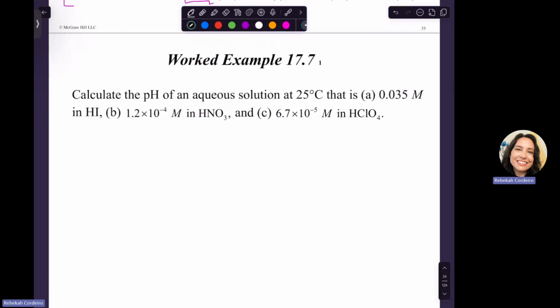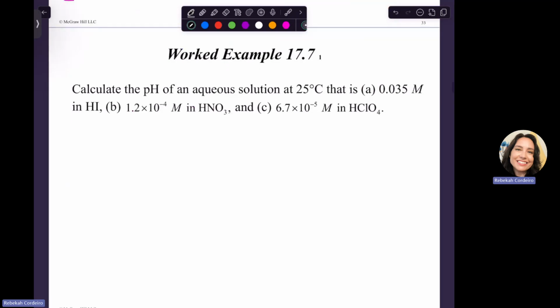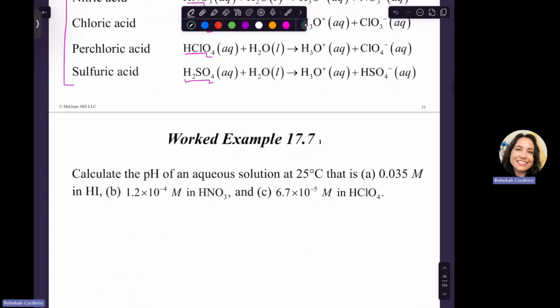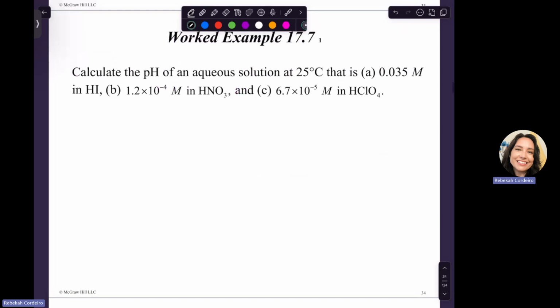Okay, so if we had the pH of a strong acid, I'm going to show you the first one and then I'll let you work the other two. If we have the pH of a strong acid, we can just look at the mole ratio. For every 1 mole of HI, remember pH is the negative log of H plus.